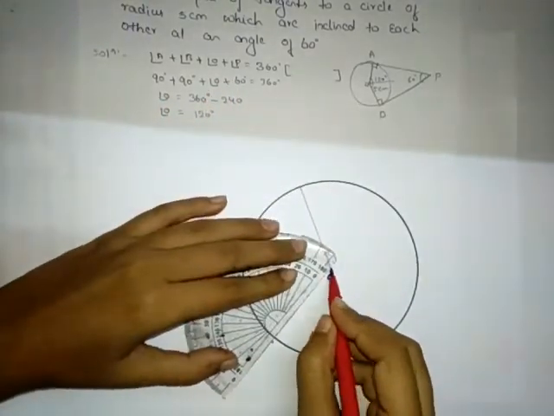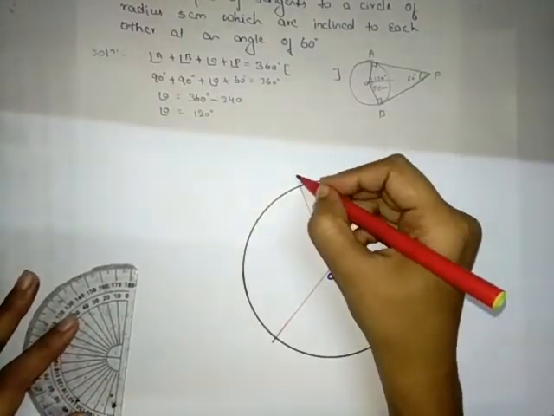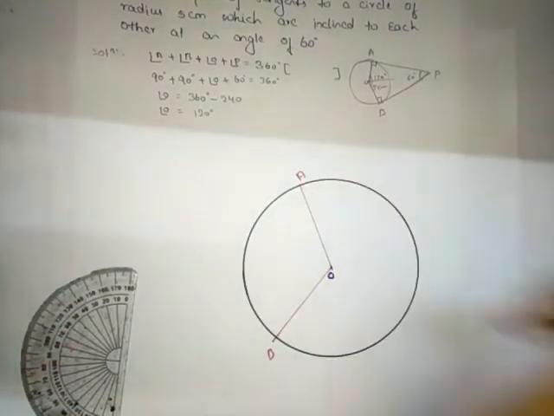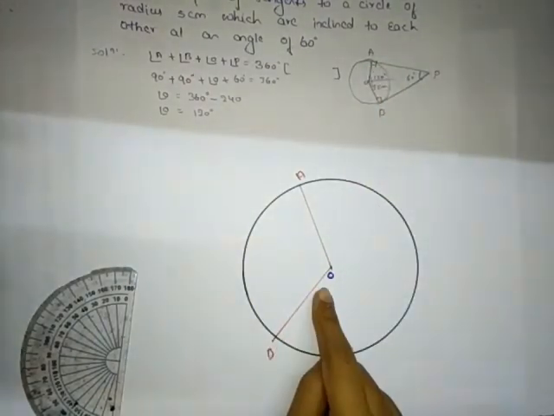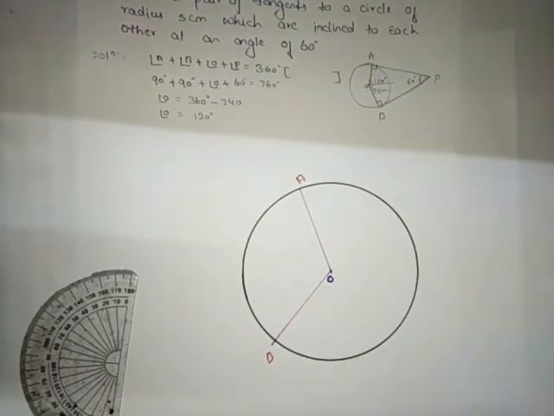We'll join these 2 points. Now we'll name this point A and this point B here. Here we know that angle B and angle A are 90 degrees, right? So we need to construct an angle of 90 degrees at the points B and A here.